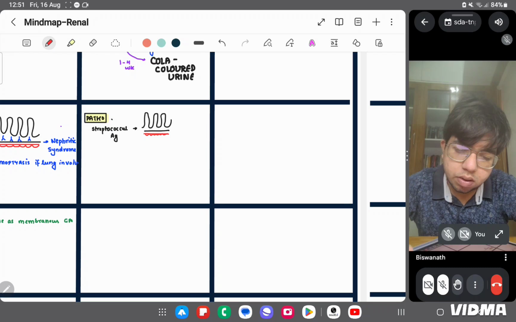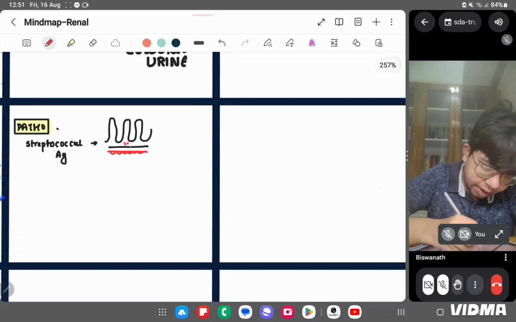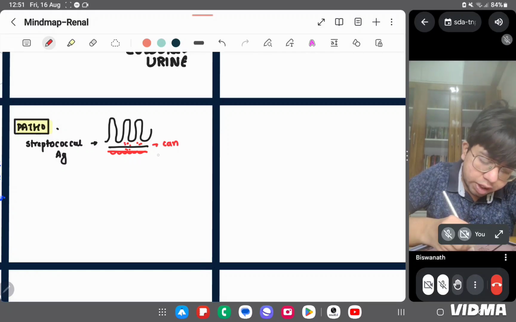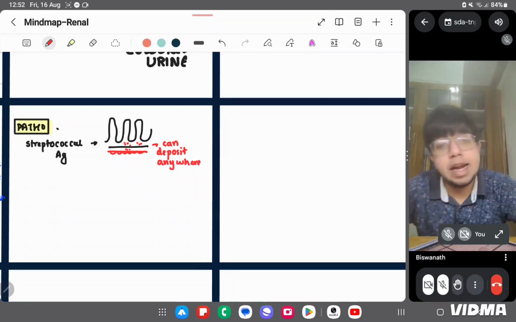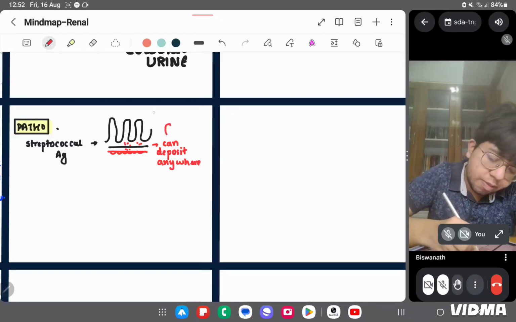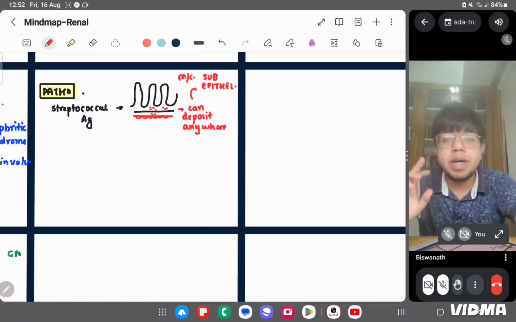The most common site is subepithelial, but it can deposit everywhere.